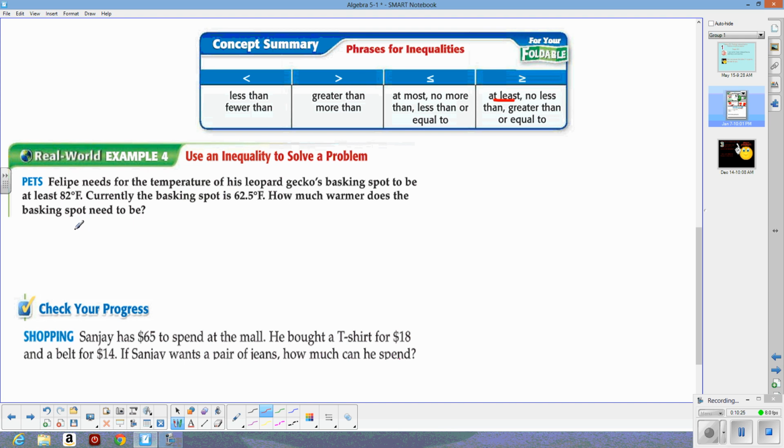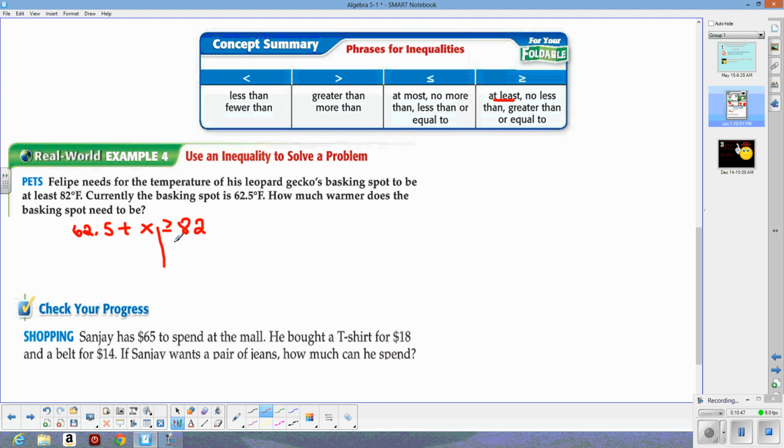Well, right now the temperature is 62 and a half. 62 and a half plus however many more degrees warmer it needs to be greater than or equal to 82 since it needs to be at least 82.